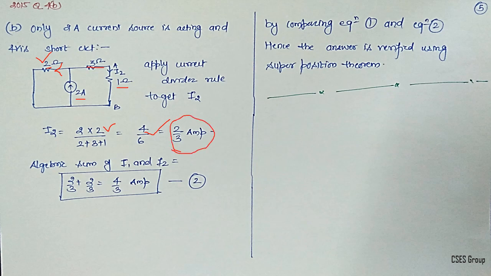So algebraic sum, both are in the same direction, moving from A to B, so both are positive, and hence the algebraic sum comes out to be 4 by 3, and that's the answer of your previous part also. Hence by comparing equation number 1 and 2, the answer is verified using superposition theorem.